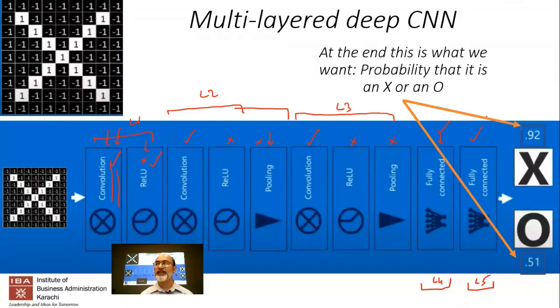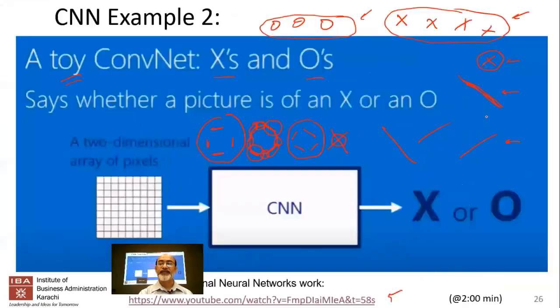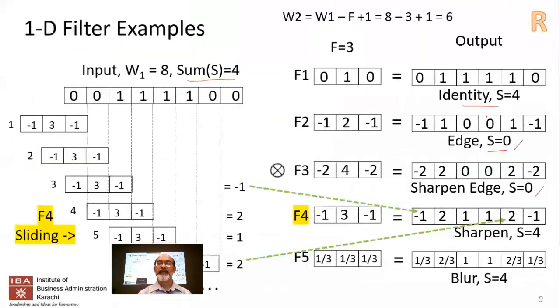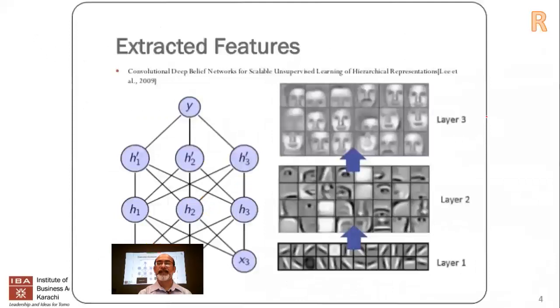So why are they using so many layers? Very good question. Let's go back and think about the example that we saw earlier. Even if you look at the playground example that I showed you, remember that if you had only one layer, were you able to distinguish between the spiral case?